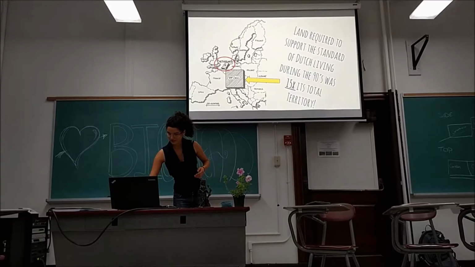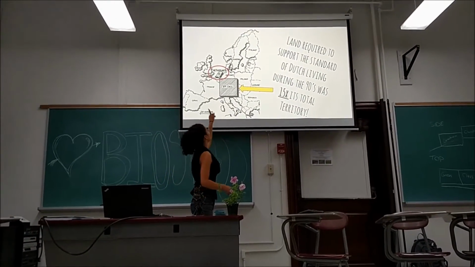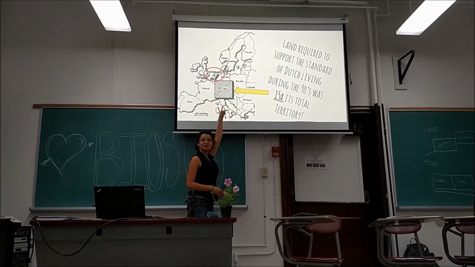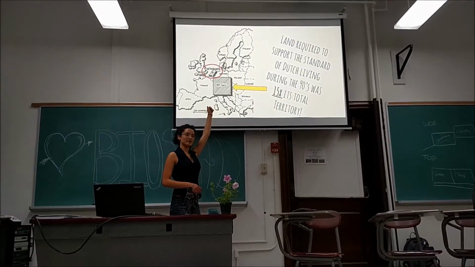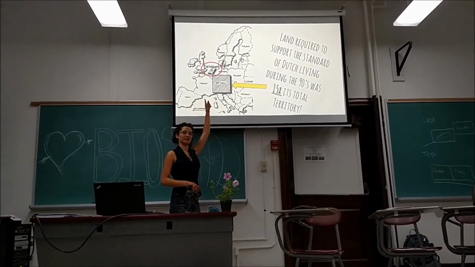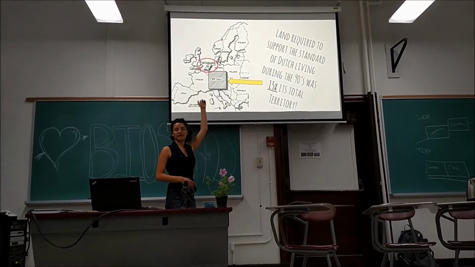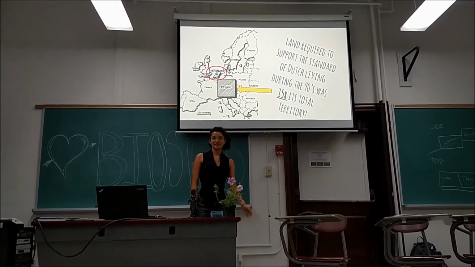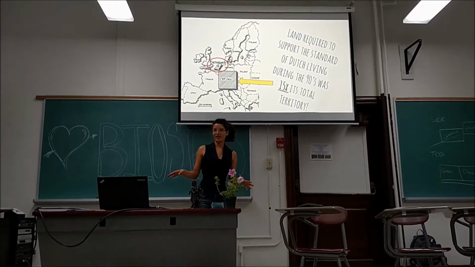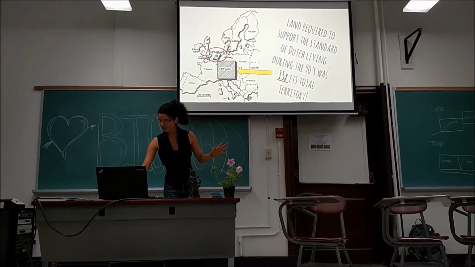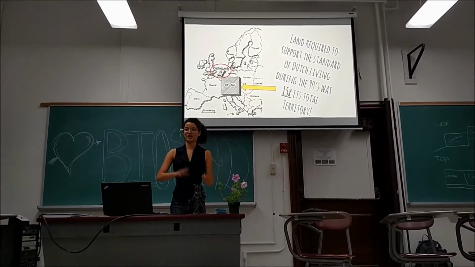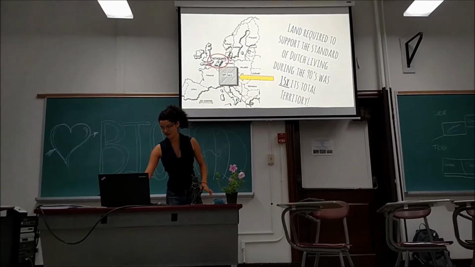So what they found was, you see the Netherlands, that little circle there, that is the amount of space that they would need to support that entire population of 15 million people, 15 times the size of the actual country. So again, now I want to bring up a point of how that works in comparison to how North Americans operate.